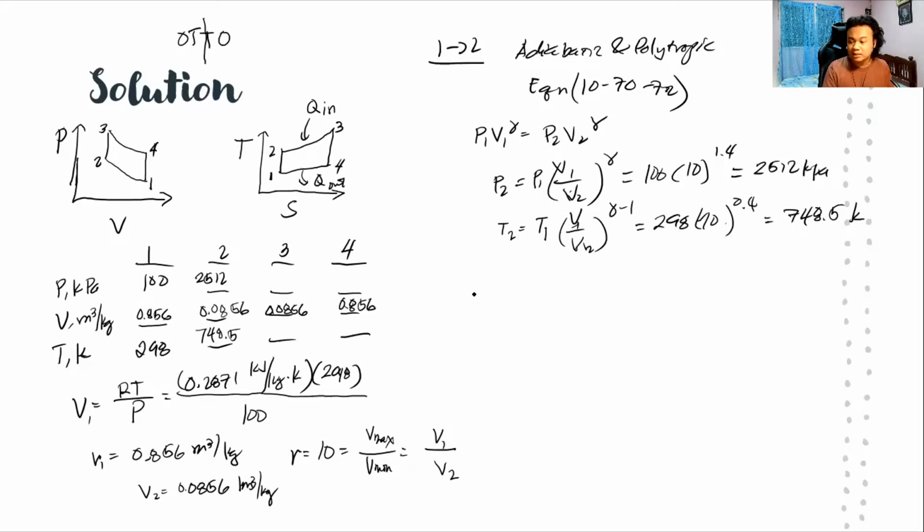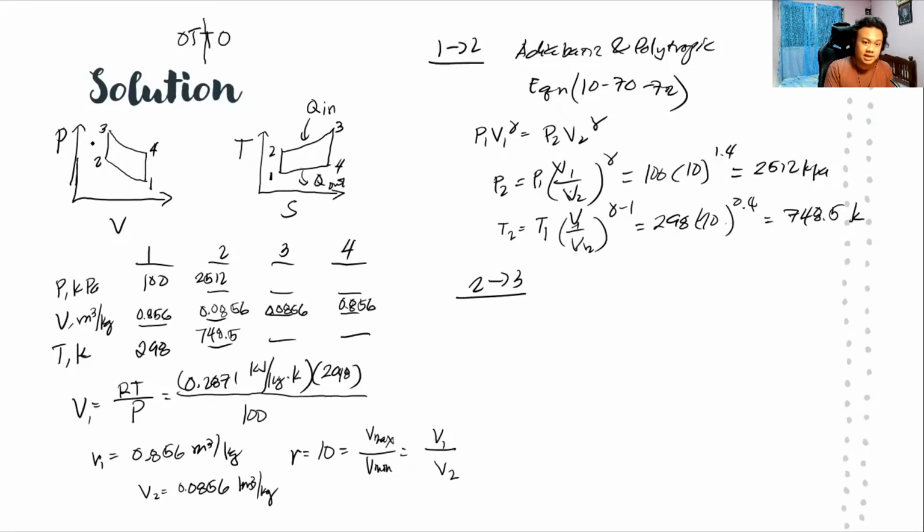Okay, so let's go to the next step, which is 2 to 3. Diba? 2 to 3. This is an isochoric step, diba?